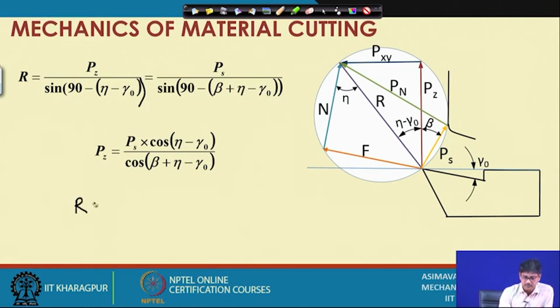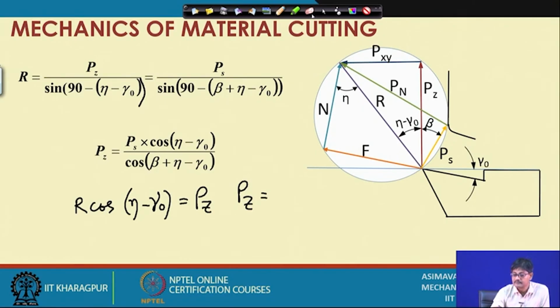R cos(eta minus gamma O) is equal to Pz, okay, which means R is equal to Pz by cos(eta minus gamma O).